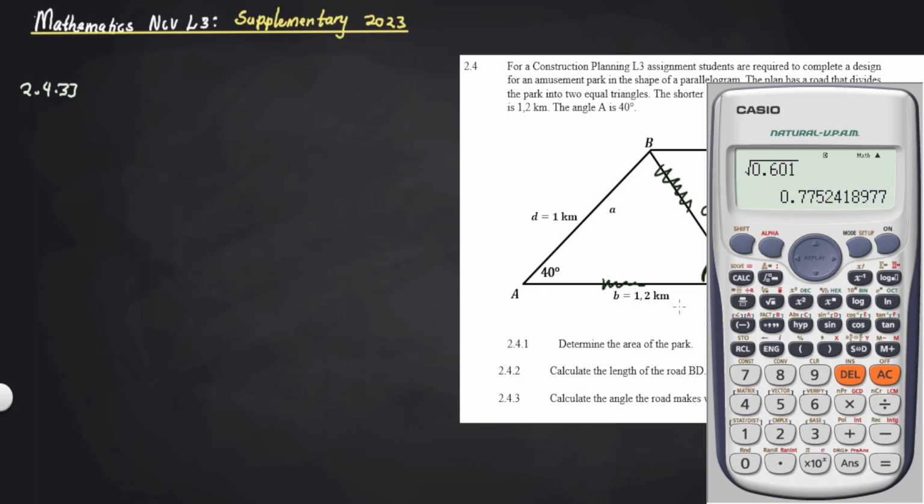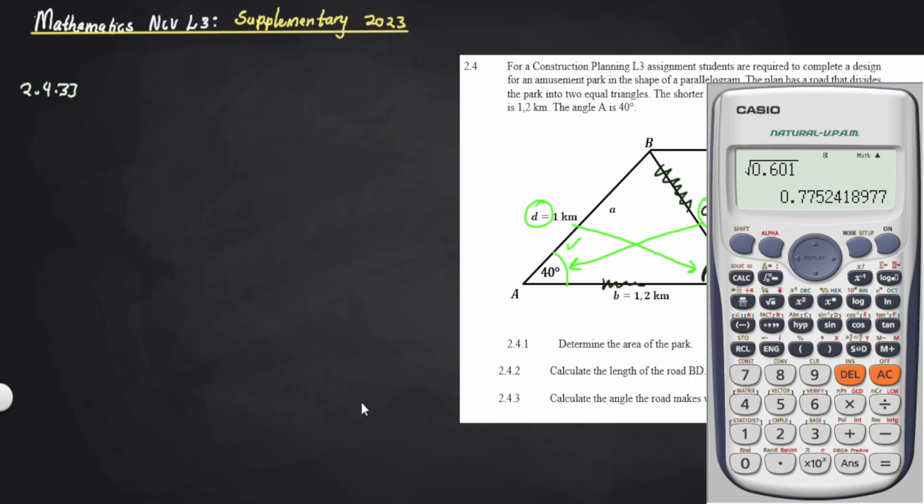In order to calculate this angle, we can use the cosine rule as well, but the easiest approach would be the sine rule. I have this side, and I want the angle opposite to this side. I have this side, and I'm also given the angle opposite to it, 40 degrees.